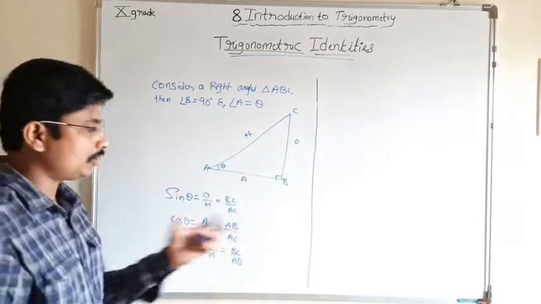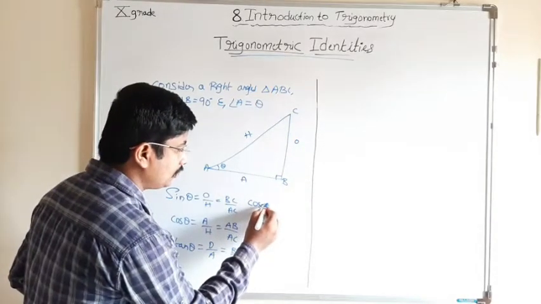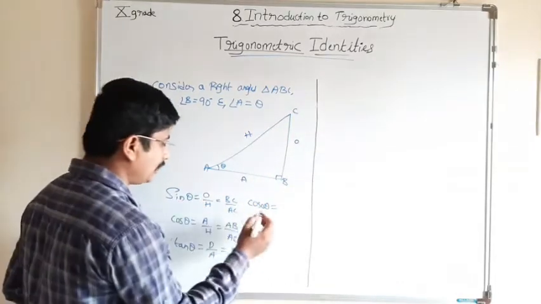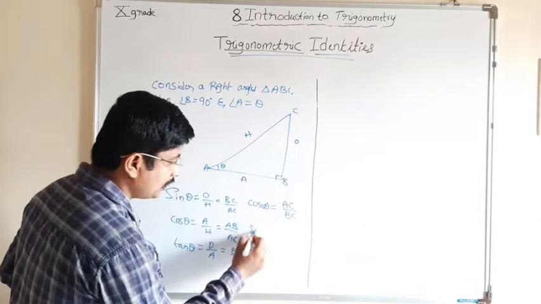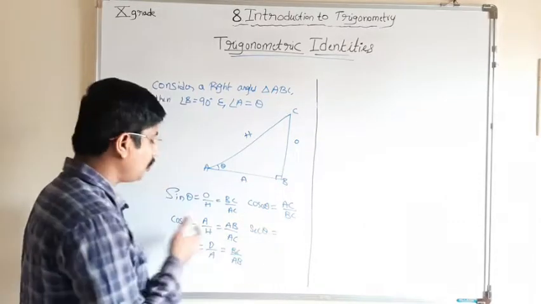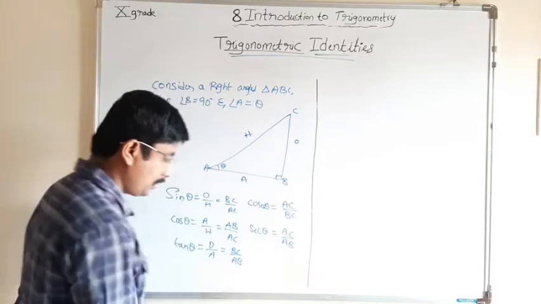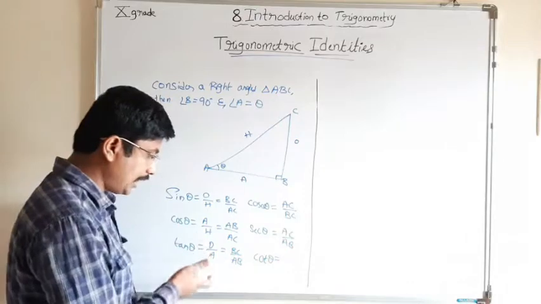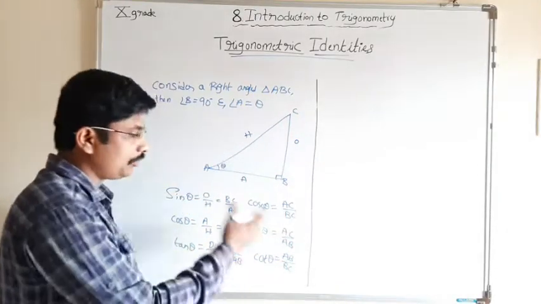The reciprocals: cosec theta is 1 divided by sin theta, that is AC divided by BC. Sec theta, reciprocal of cos theta, is AC divided by AB. Cot theta, reciprocal of tan theta, is AB divided by BC. You know this already.